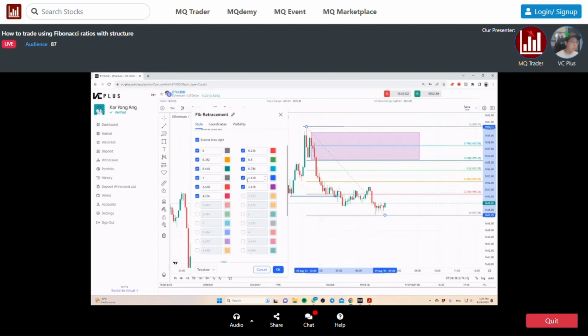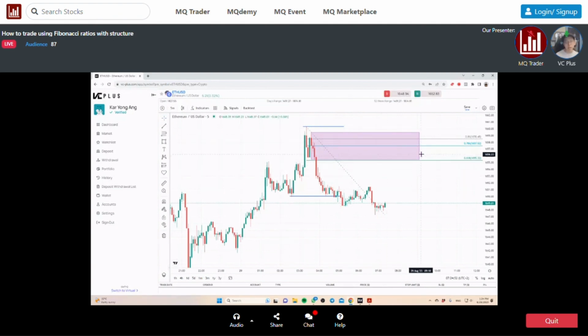I think 0.886 would be there as well, or 0.86. Yeah, it's there, right? Okay, so that would be the area that we have a cluster of Fibs confluence as well.